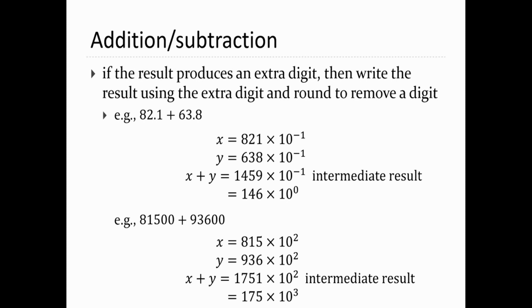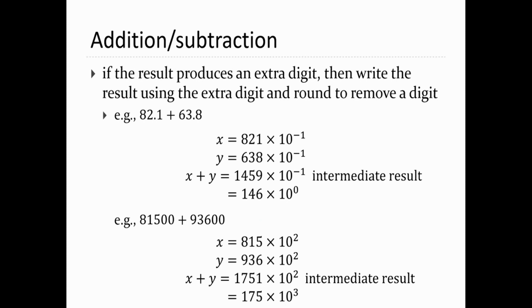In other words, I need to make that 145.9, and to do that, I multiply the 10 to the minus 1 by 10, and that changes the exponent to 10 to the 0. Now I've got 145.9 times 10 to the 0, so I round so that I only have 3 digits. When I have 145.9, you round that to 146, and away you go.